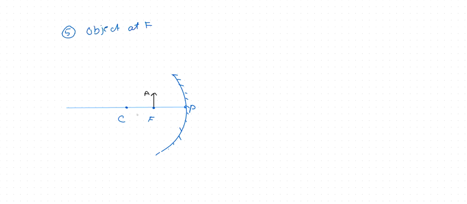Now, like we discussed before, the first incident ray that we take is parallel to the principal axis. So let me make that. I start from here and I make it like this. And what do I name it? As I1. Where will it get reflected from?